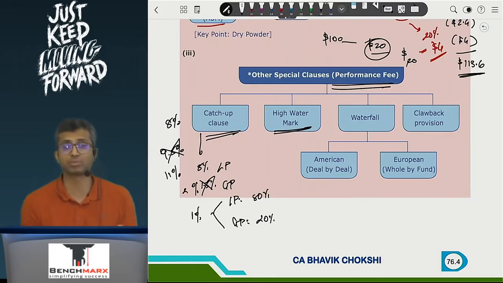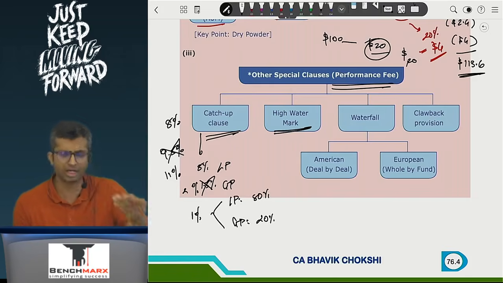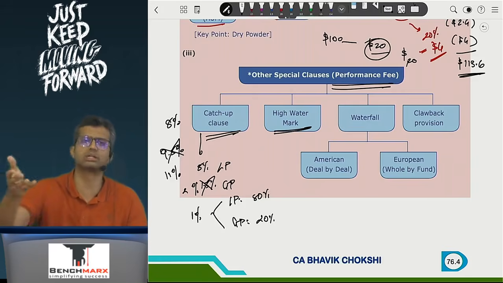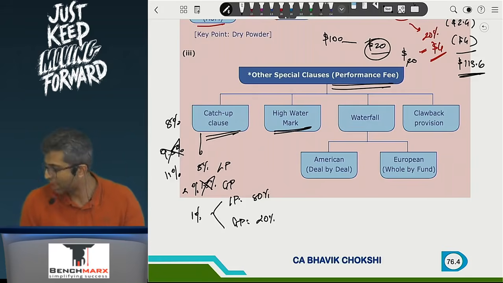So this is a catch-up clause, that you will first, up to the hurdle rate, give return to the limited partner, then the general partner will catch up for the share that they did not get, and once the general partner reaches that, like for example 8% and 2%, beyond that whatever excess return is there will be shared by both of them. So this is regarding the catch-up clause.